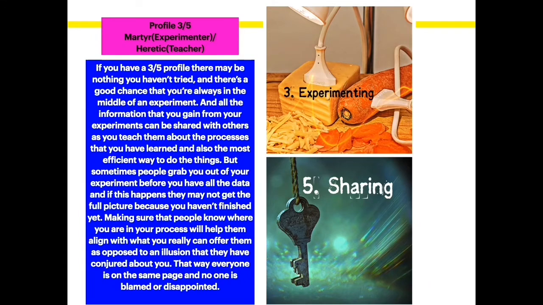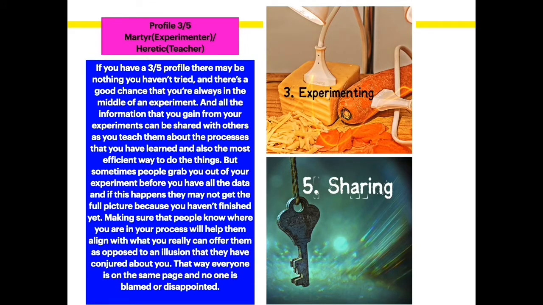Now, you have to remember, because you're experimenting, a lot of times people will expect you to deliver the goods or share what you know before your experiments are even completed. Because of this, there could be miscommunications where you're still in the middle of your experiment, still figuring things out, and someone's saying, well, show me how. Then you get in trouble because you don't have all the information that you need.